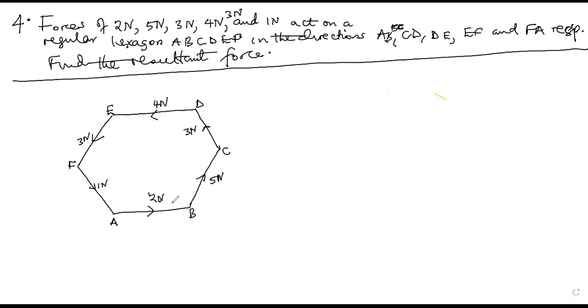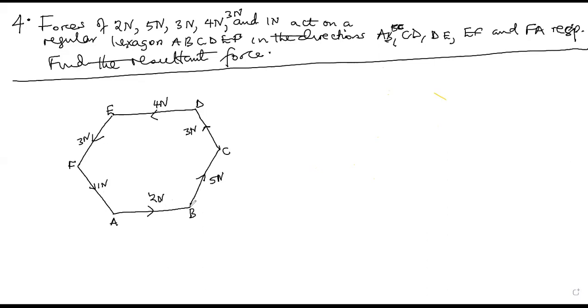We shall keep it as 2. But this 5 Newton, since it is inclined, these inclined forces, we are going to represent them by their components. So the 5, the 3, the 3, and the 1 are inclined forces, and we can represent them by their components.